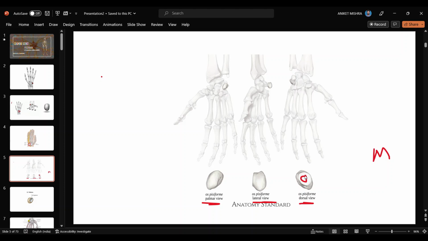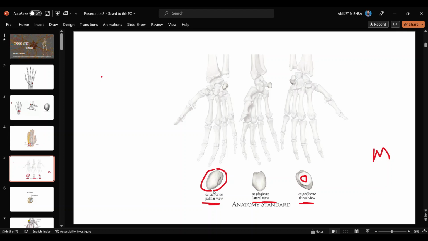When we see the palmar surface, we find it is rounded and rough, and it provides attachment to the transverse carpal ligament, flexor carpi ulnaris, and the abductor digiti minimi.